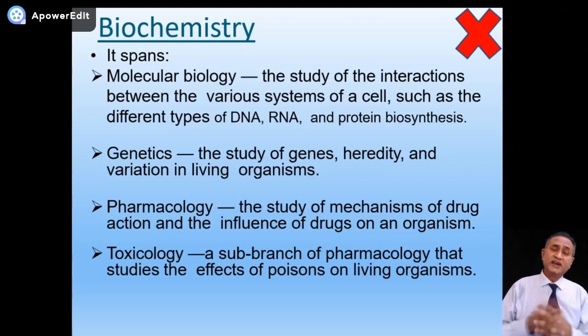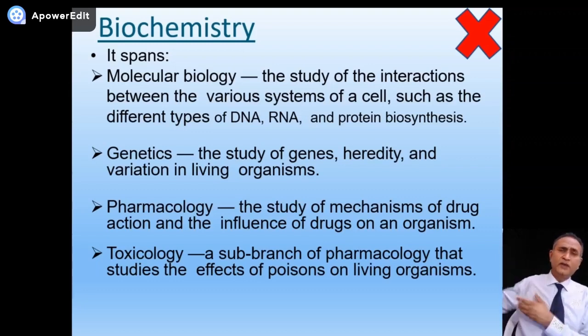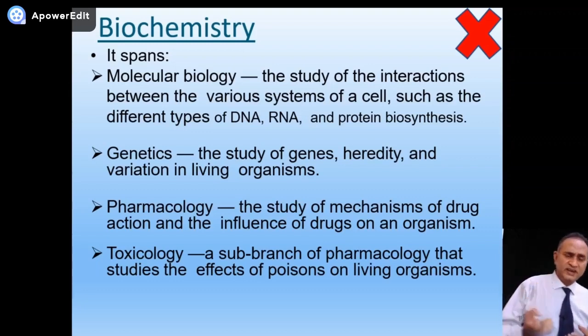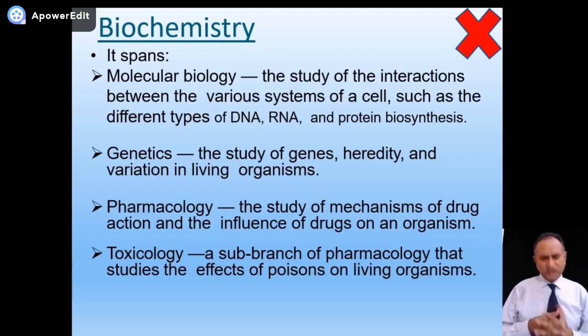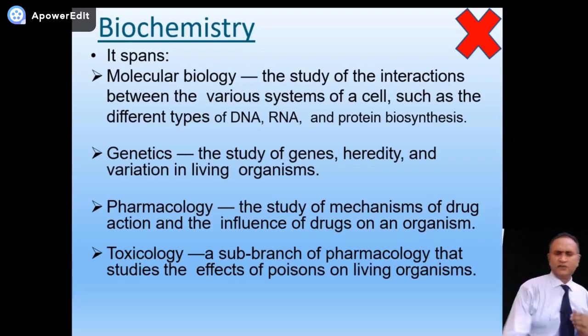Genetics means inheritance. I have some properties of my parents. Why? How? Just because of inheritance. I got DNA from my parents, that is why my DNA has some properties which I took from my parents. So this is genetics, the study of genes and heredity in living organisms.